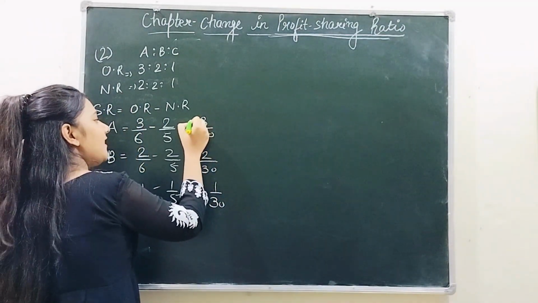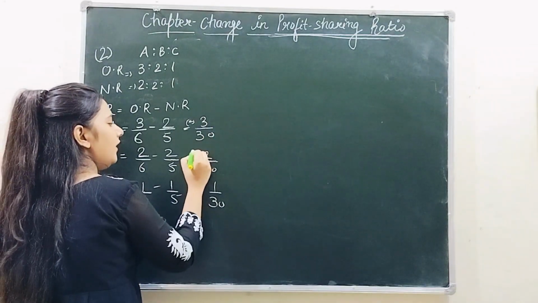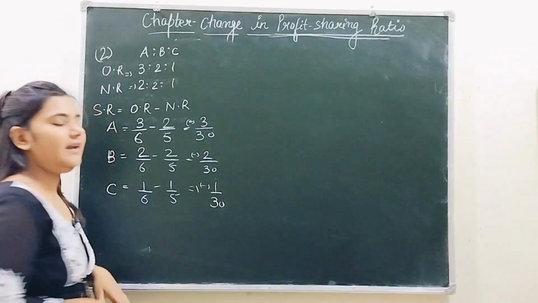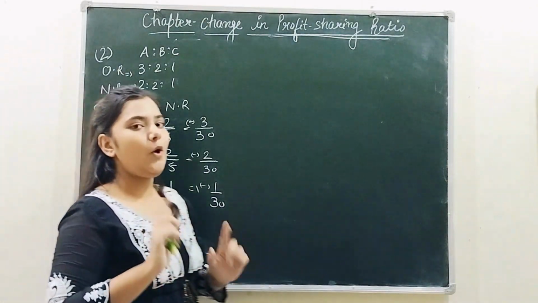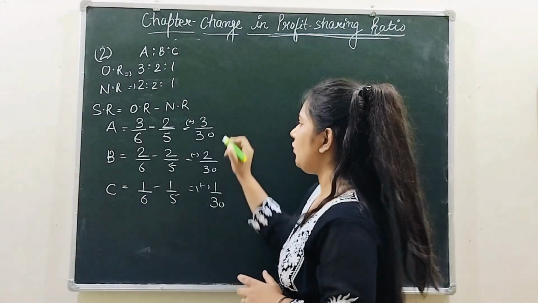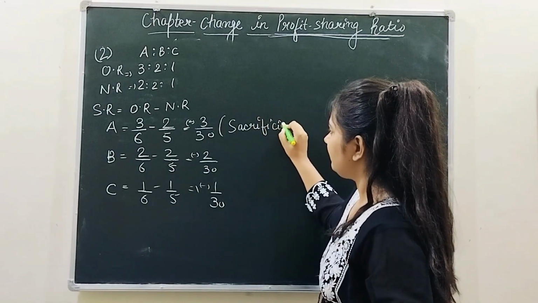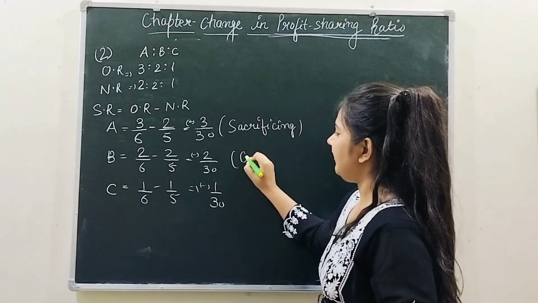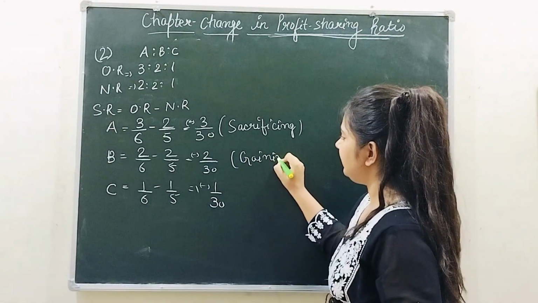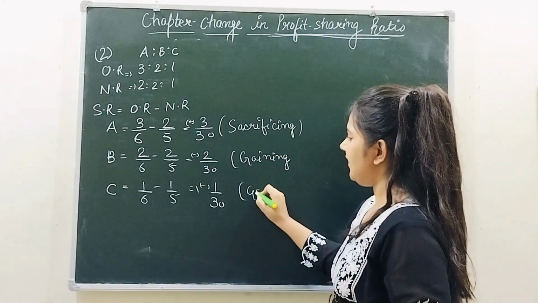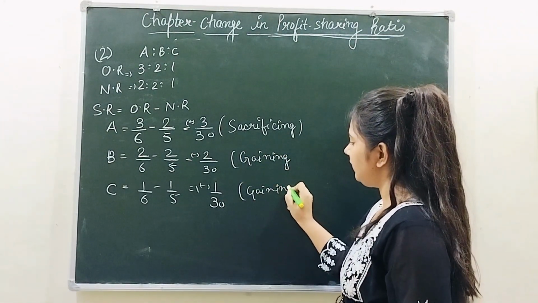This you will get as positive, this as negative, and this as negative. And you know, when there is a positive value in the sacrificing ratio, this partner is sacrificing, and when there is a negative value, that means this partner is gaining. Similarly, this partner is also gaining.